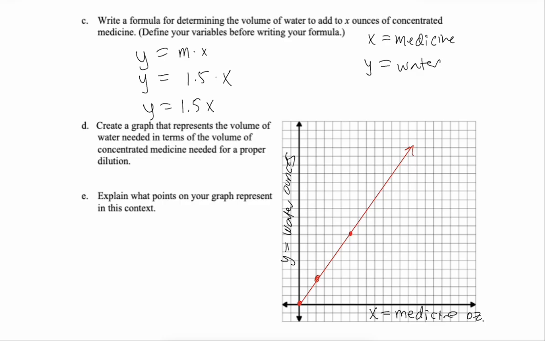Now, if you think about it, each point on the graph represents a volume of medicine that corresponds with a correct volume of water.